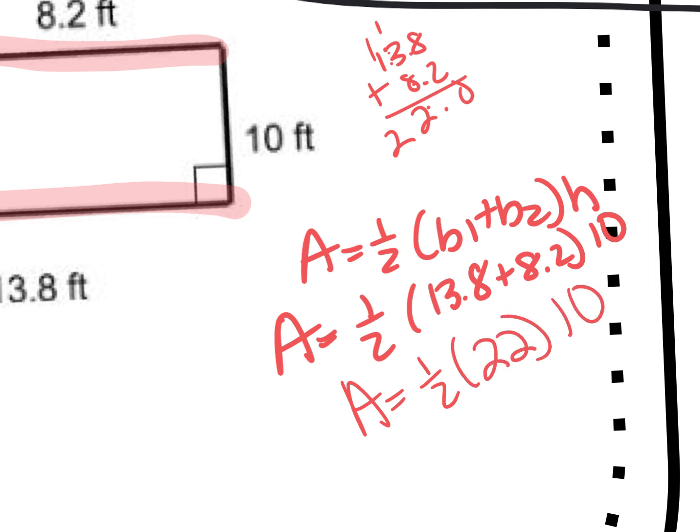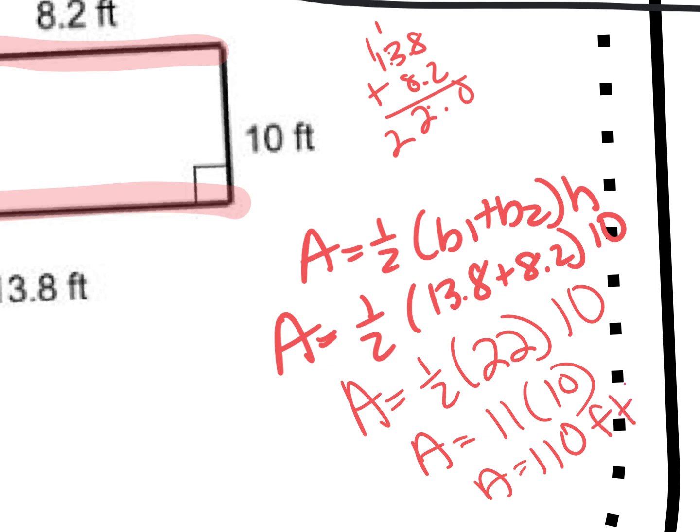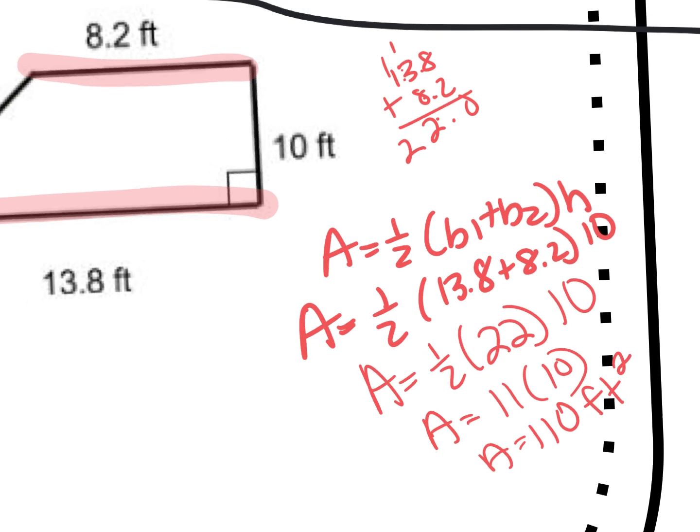Okay, so now I'm going to work with that half. Remember, to work with that half, you can either take half of 22 or half of 10. Half of 22 is 11 times 10 is 110, and that is 110 feet squared.